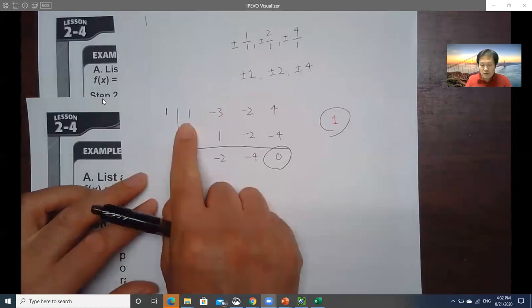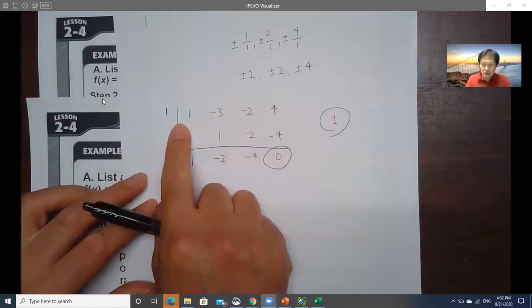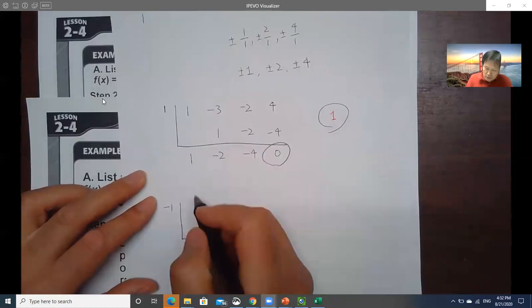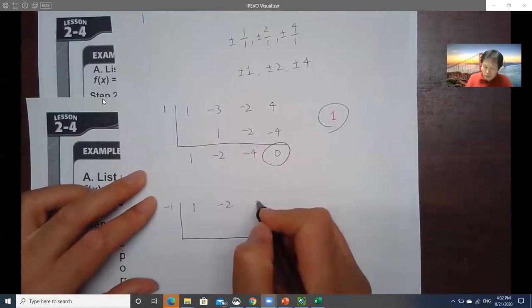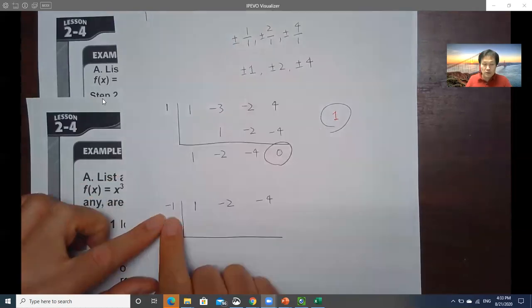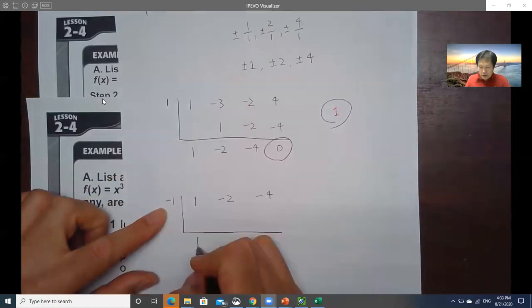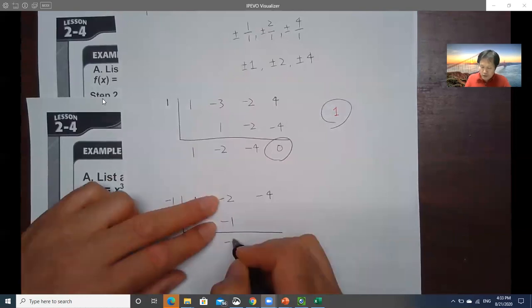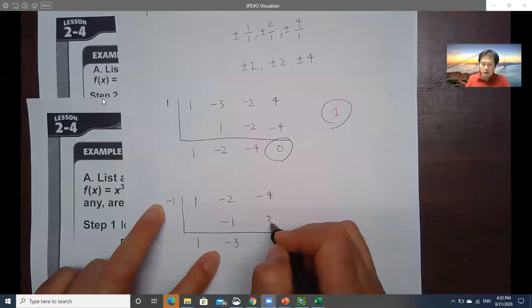If you start with the very original, that's okay too, but that's going to be more work. So once you get the 0, you use this 1, minus 2, minus 4, and you're hoping: can I do minus 1? Adding, multiplying, adding, multiplying, adding, it's not going to work.